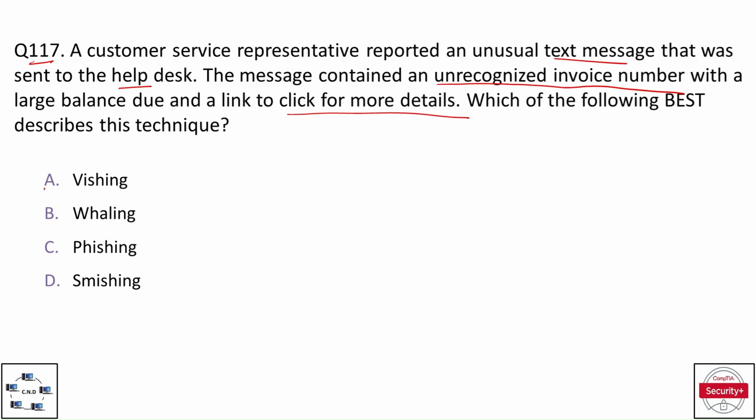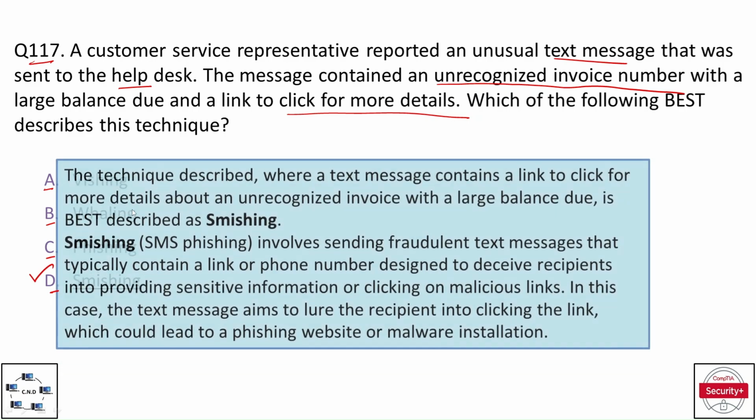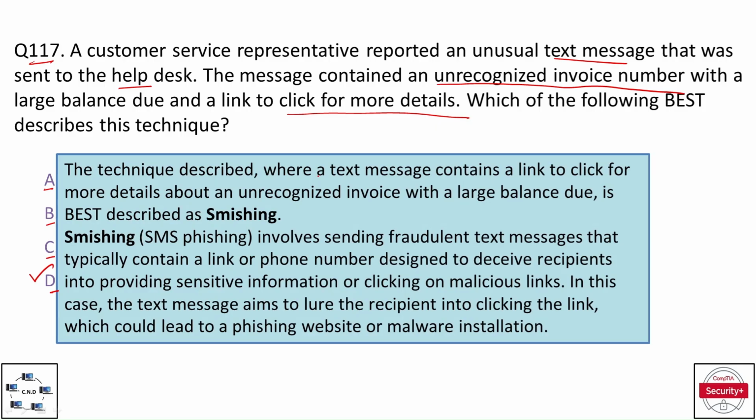And the options are option A, phishing, option B, whaling, option C, phishing, and option D, smishing. And the correct option is option D, smishing. So the technique described, where a text message contains a link to click for more details about an unrecognized invoice with a large balance due, is best described as smishing.